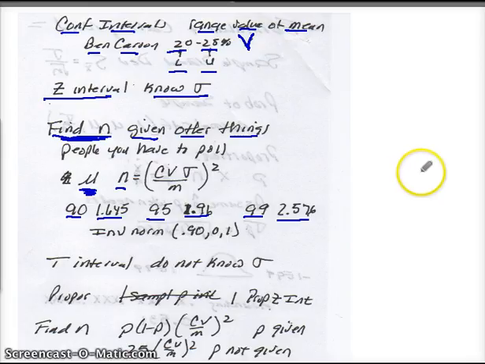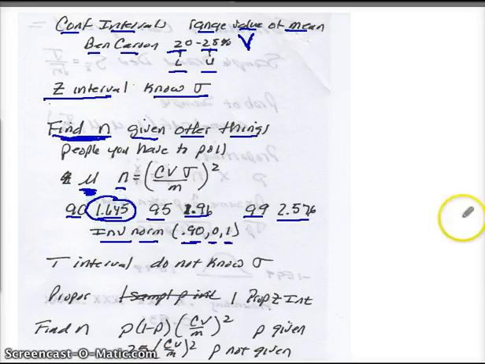Now let's just say you forgot those numbers. You could use the inverse norm function of your calculator and put the percentage, 0, and 1, and in this instance it'll give you the 1.645 back again. I'm pretty sure about that. I'll check on that.